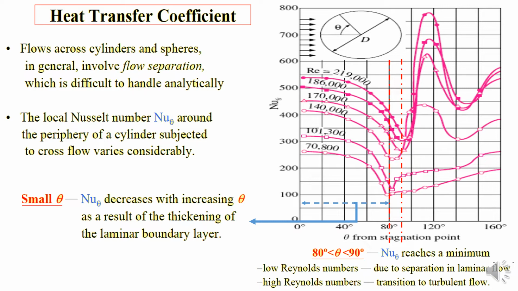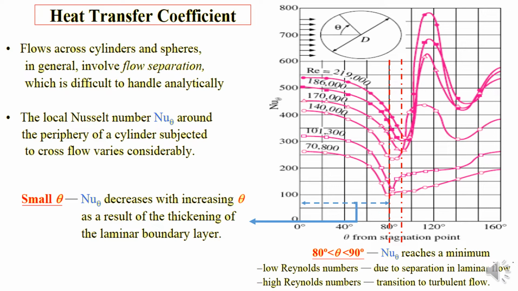So you can see on your right-hand side a figure with Nusselt number on the y-axis versus theta from the stagnation point on the x-axis. This theta is the angle shown in the circle at the top of your figure. D is the diameter of the cylinder, and theta is as shown in the figure.